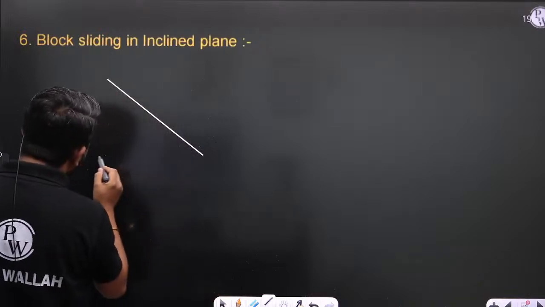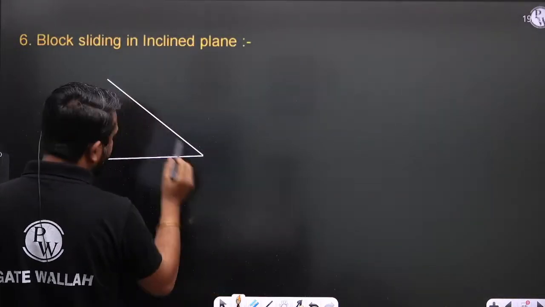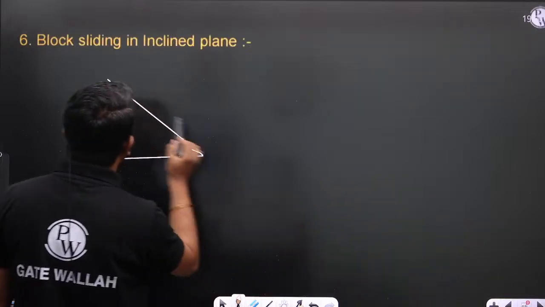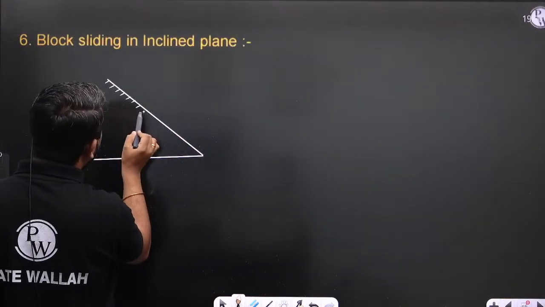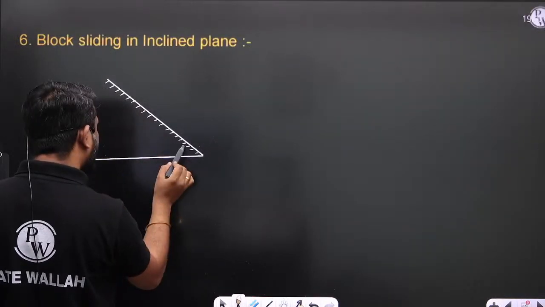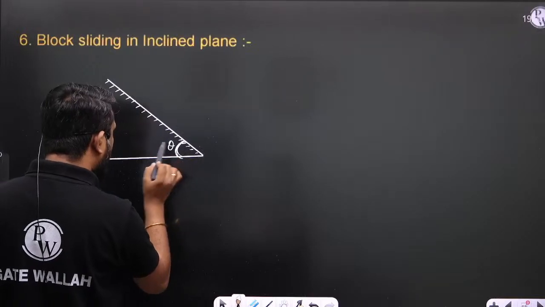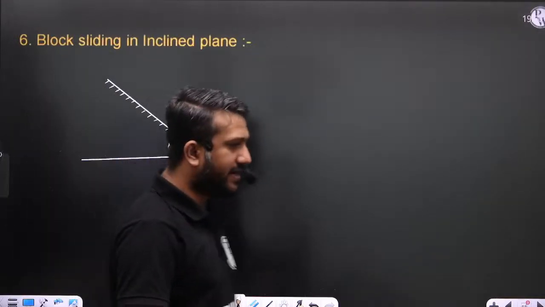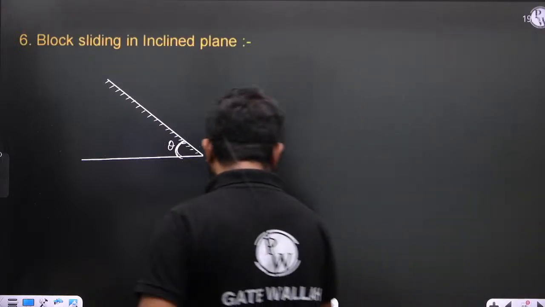This is the inclined plane, and this inclined plane is at an angle theta from the horizontal, right?